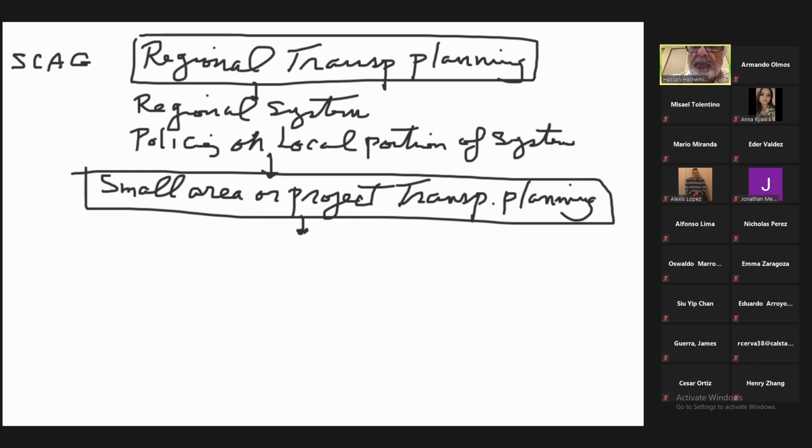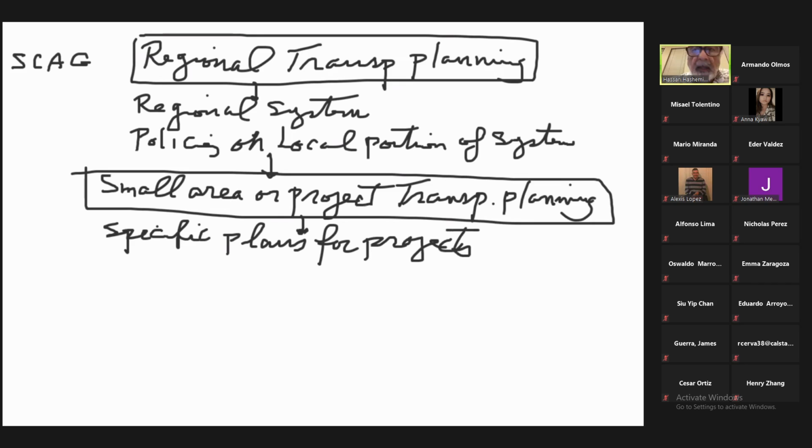So they look at specific plans for projects. They are looking at what we should build as new facilities, such as highways, rail systems, bus terminals, whatever.